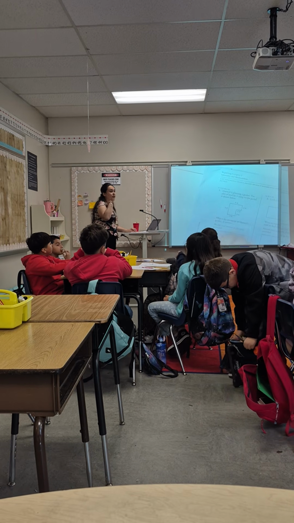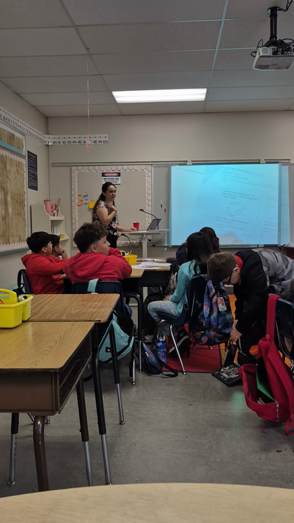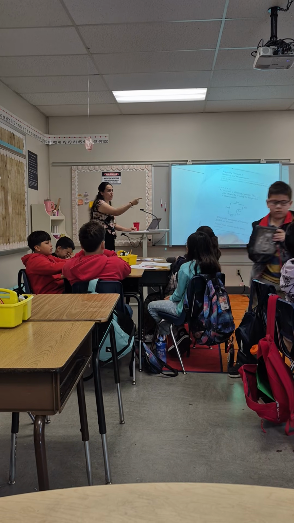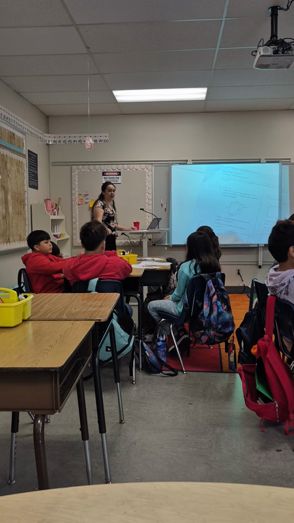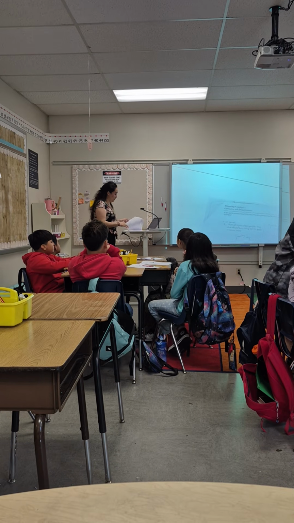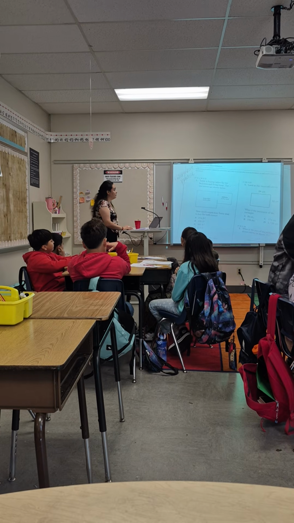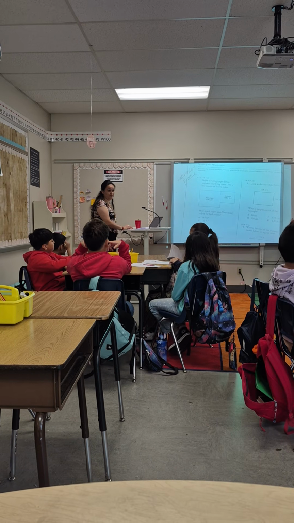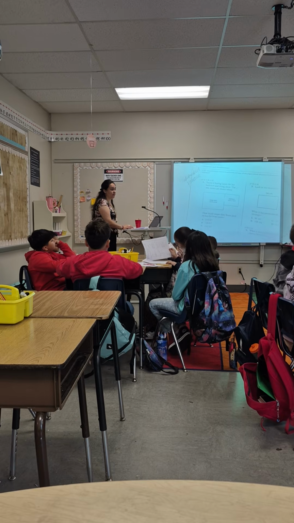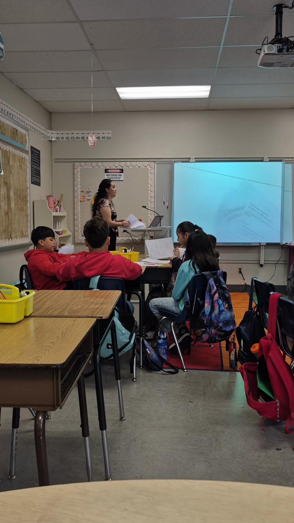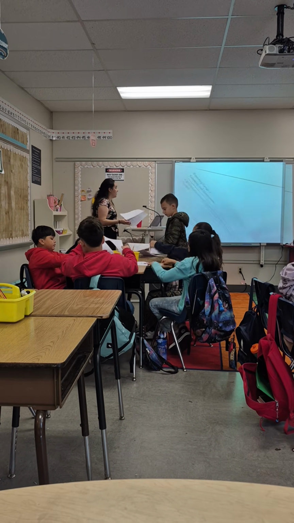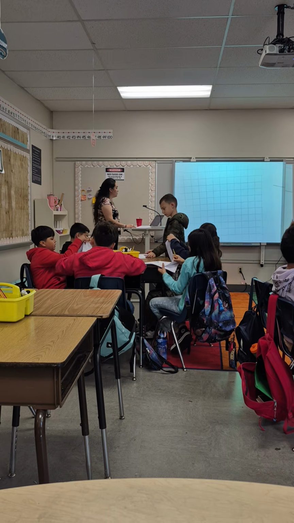Our teacher group is going to be with me. Okay? So then we're going to start rotating. This table is going to practice that one. And my rectangle group is going to do, you see that?